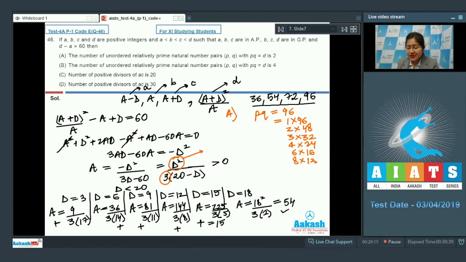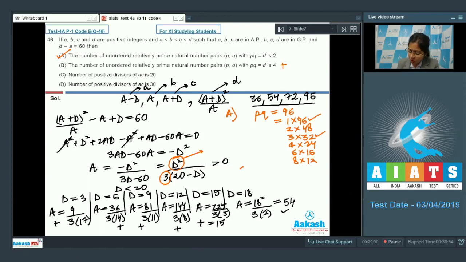Now from these it can be seen that only two of these pairs are relatively prime to each other. So the number of unordered pairs is 2. Hence the correct answer is option number A, and option number B is incorrect.